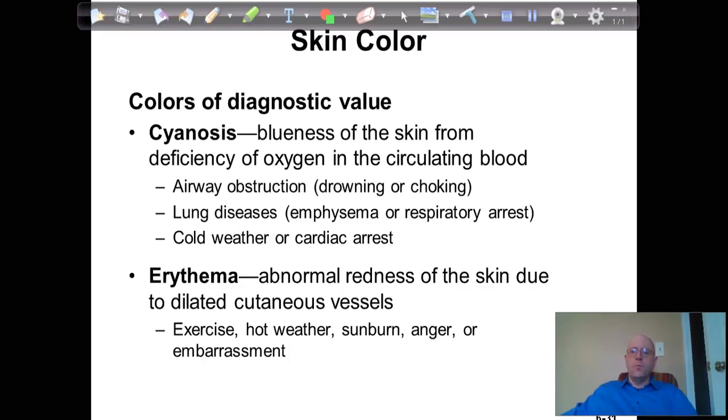Now, why would skin become super red if you're sunburned? Well, you've absorbed a lot of ultraviolet radiation, and it's harmed some of your living cells, which means that they need to repair. If you need to repair tissue, what do you need to send more of to that tissue?